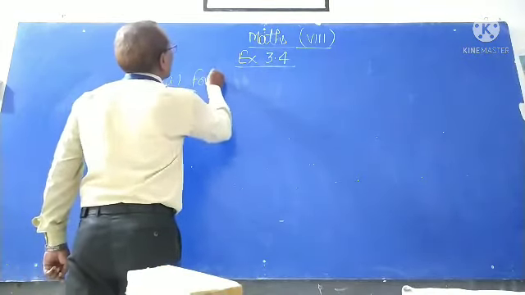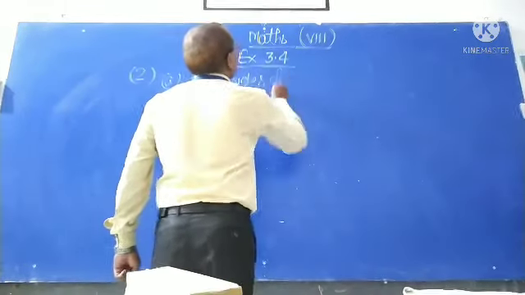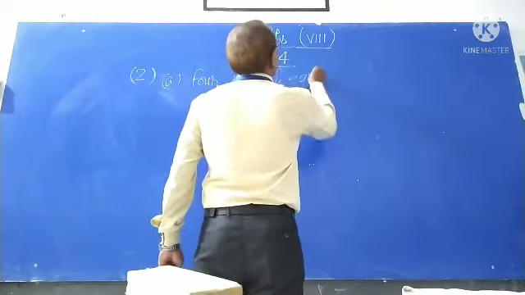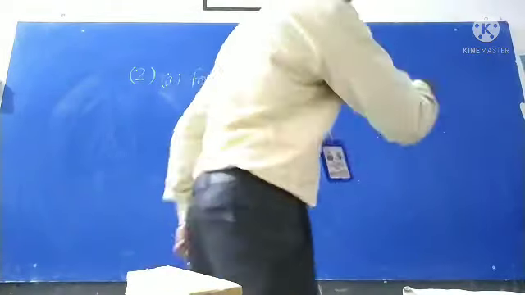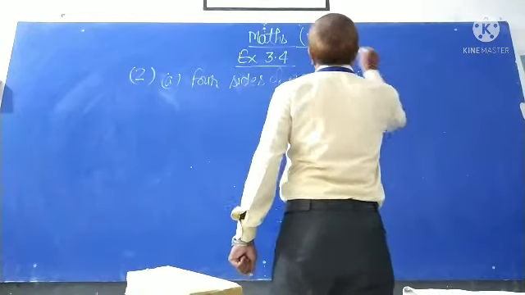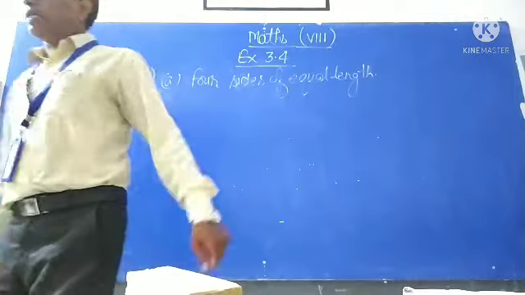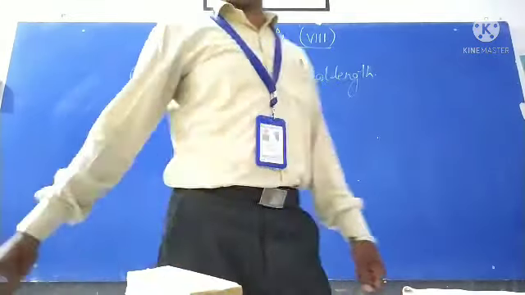Four sides of equal length means you write down the name of the quadrilateral whose all sides are of equal length.